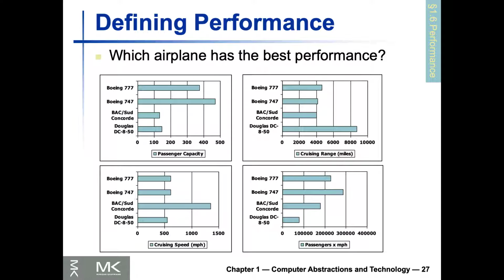So you see, regarding different metrics, passenger capacity, the cruising range, so how far can the plane go without refueling, cruising speed, and also the passenger miles, having different metrics, for the same planes we have different outputs, right?